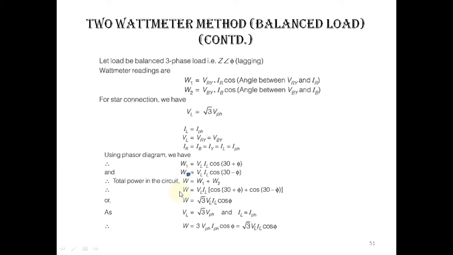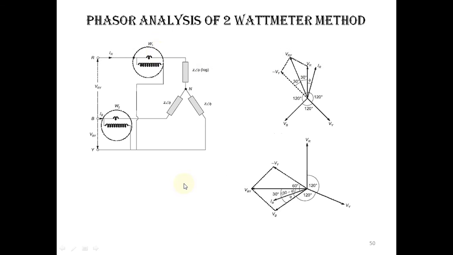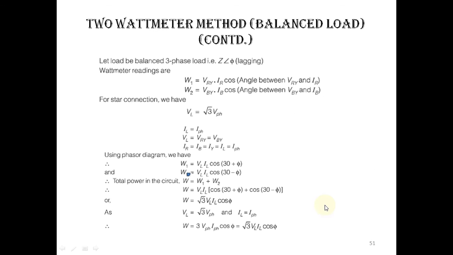So what is total W? VL IL times cos of 30 degree plus phi plus cos of 30 degree minus phi. So W equals root 3 VL IL cos phi. This is in terms of line and phase voltage, and I think it is clear to you what is line and what is phase.